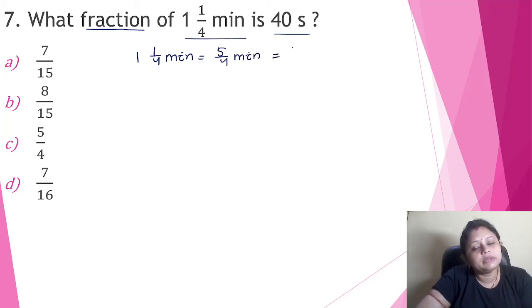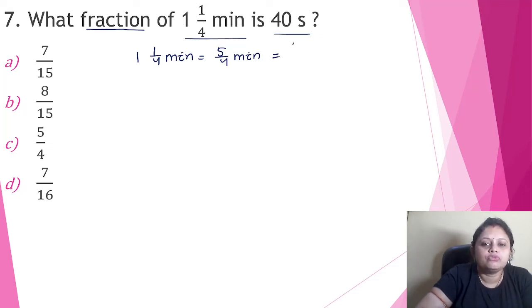So how to convert minute into second? We know 1 minute equals 60 second. So 5 by 4 minute equals 5 by 4 into 60. Okay, 4 and 60 will be cancelled. That is 15. 15 into 5, that is 75 second.